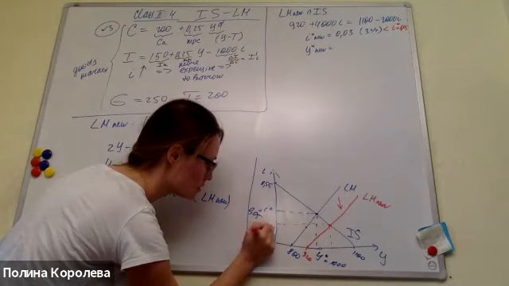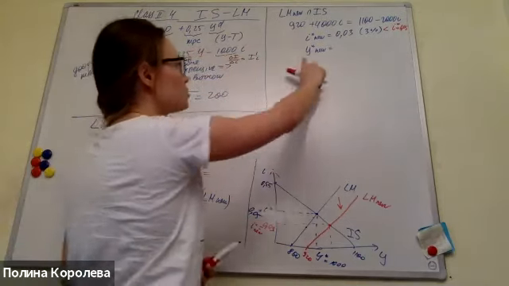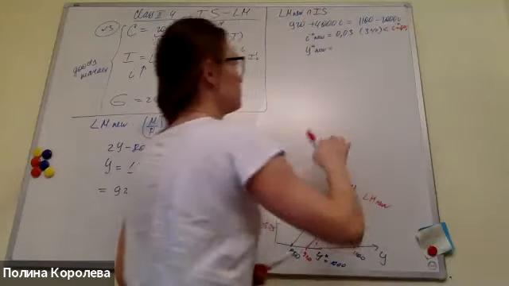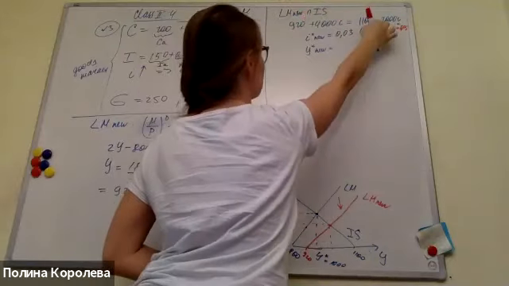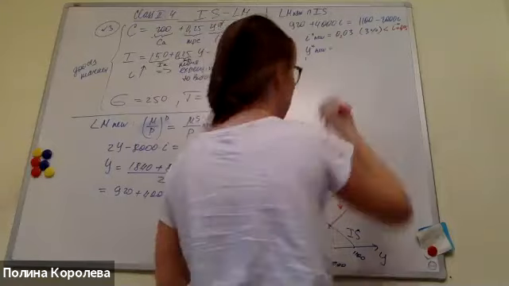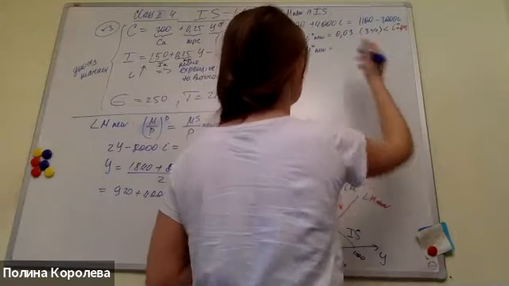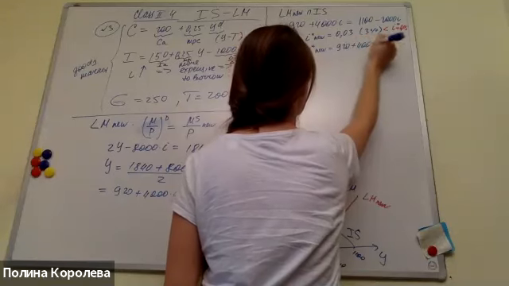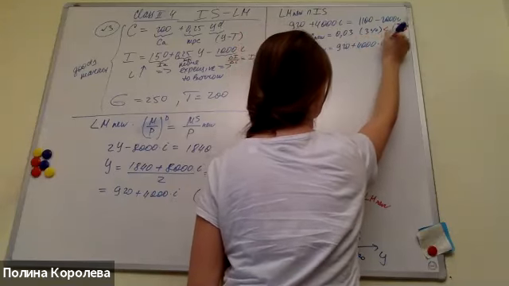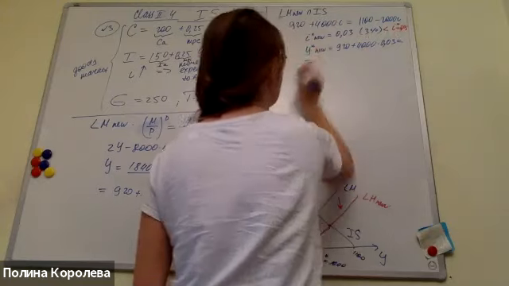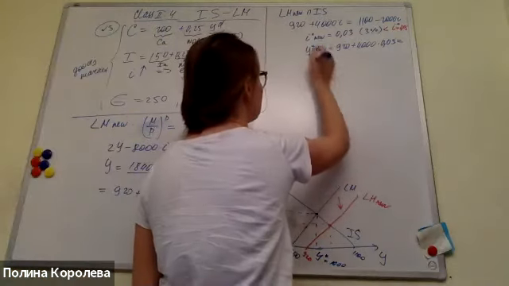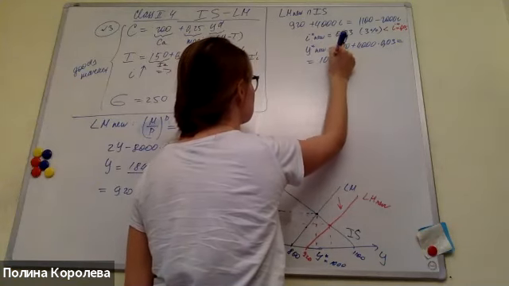And for the new GDP, we put the new interest rate into IS or LM, never mind. Let's put it into LM: 920 plus 4,000 multiplied by 0.03. And this is 1,040.